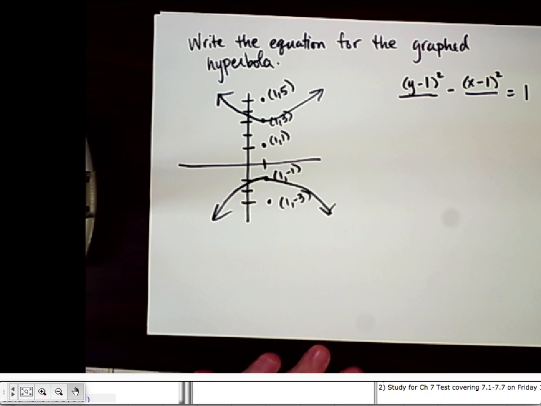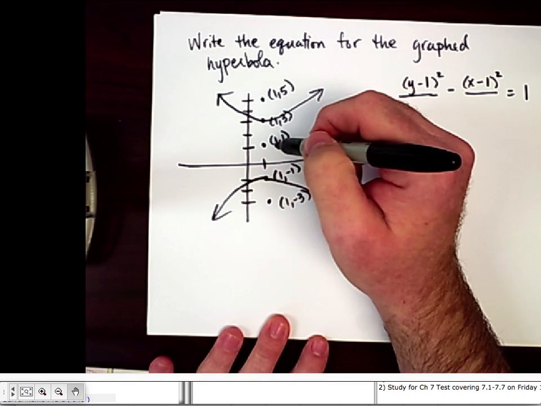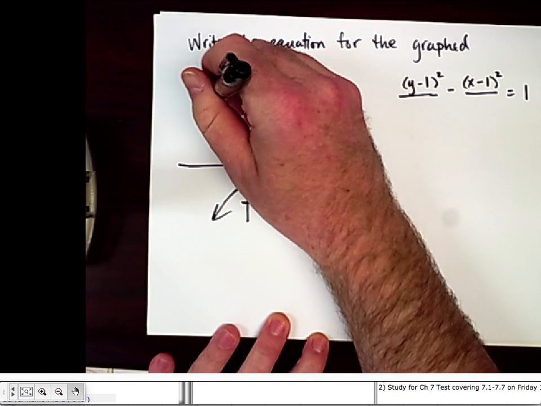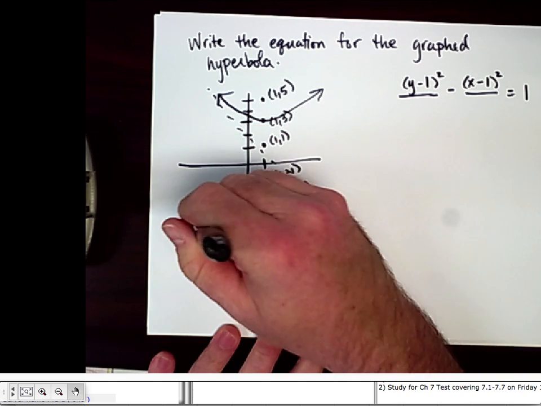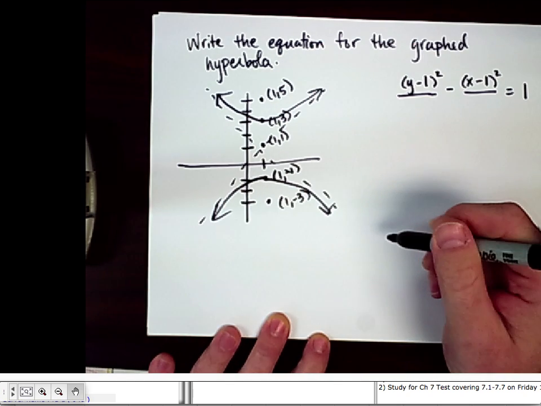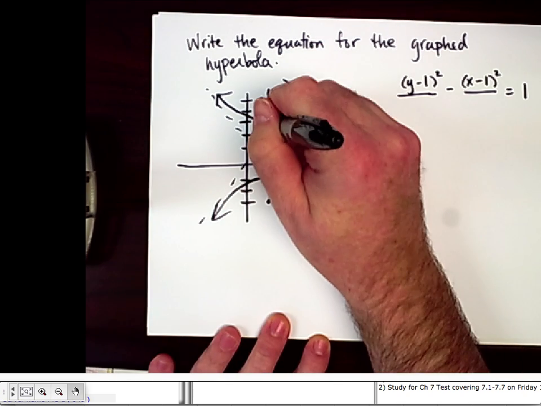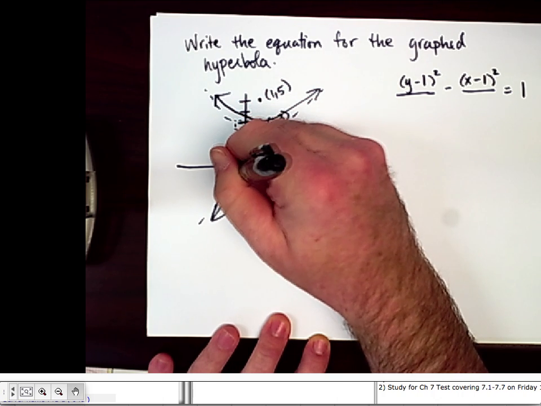Okay, so here were our asymptotes, right? Our rectangle looked something like this.